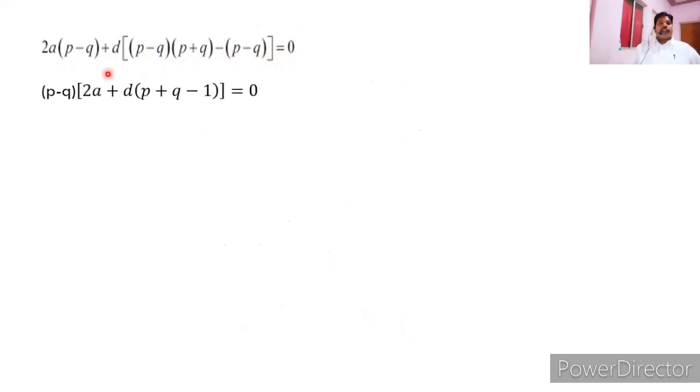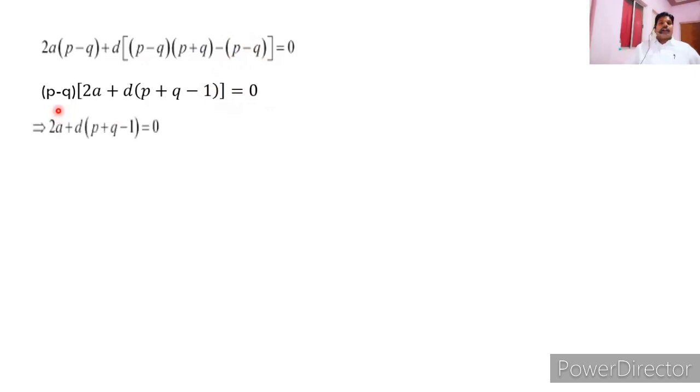Next, we take P minus Q common from all the terms. What remains is 2A plus D into, after taking P minus Q as common, P plus Q minus, since we already took this value as common, it becomes 1, is equal to 0.